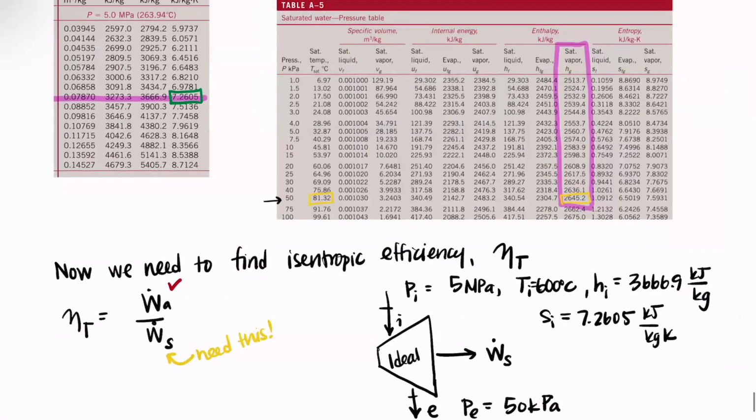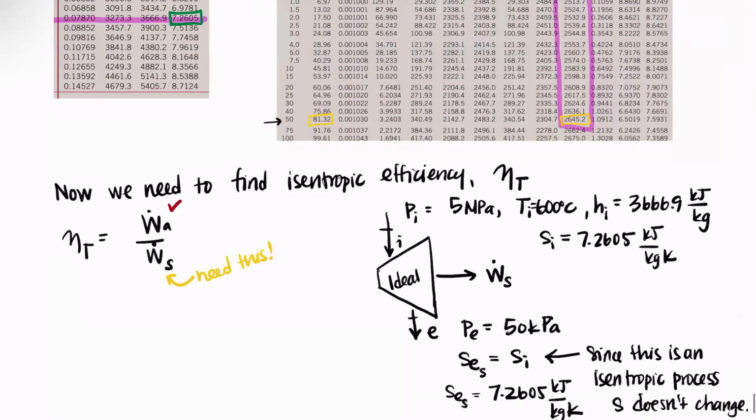So we need to go back to our pressure table, and for 50 kPa, we need to figure out where this entropy lies on the PS diagram.